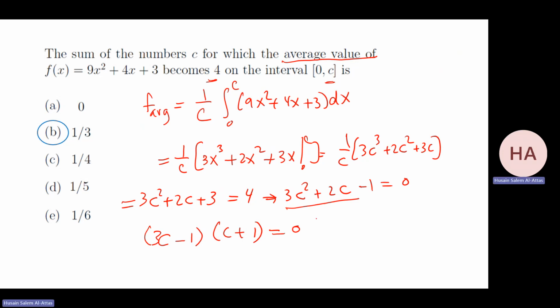So I'm getting c equal 1 over 3 or c equal minus 1. This one I will not take, since c should be positive, 0 to c. We'll take only this one. So in the sum, actually, you have only one c, which is 1 over 3.